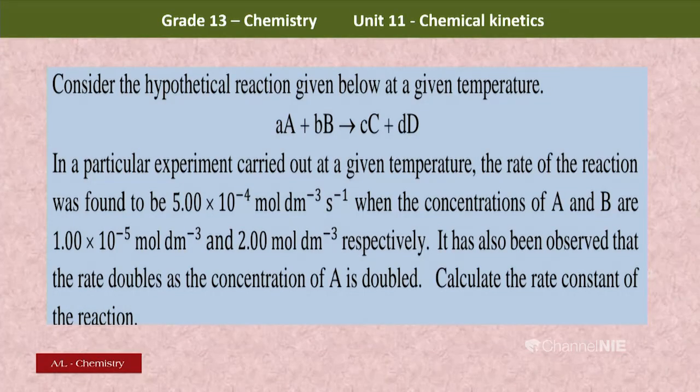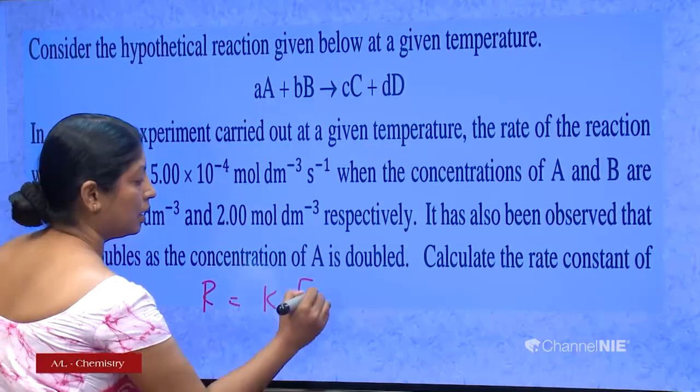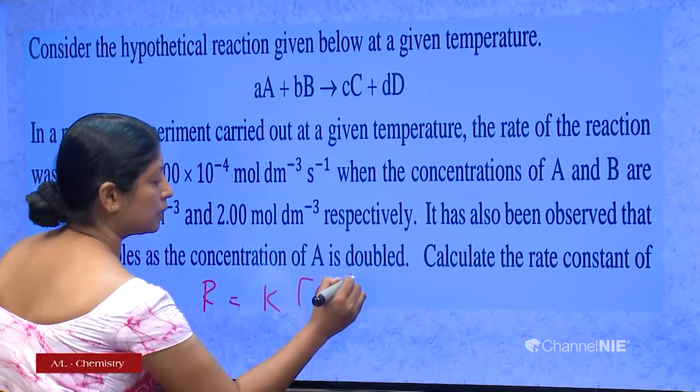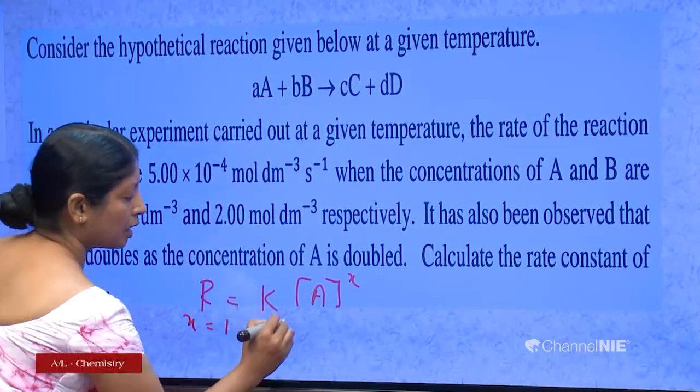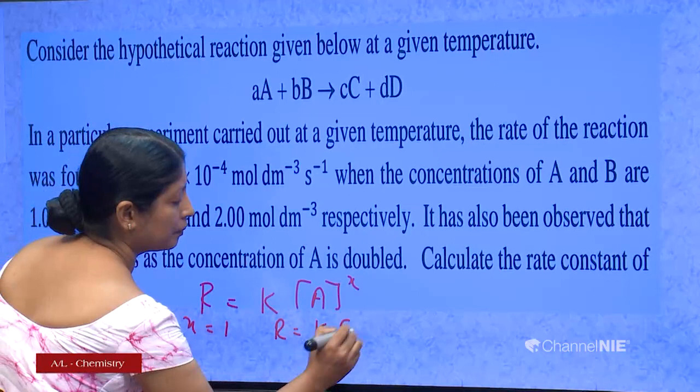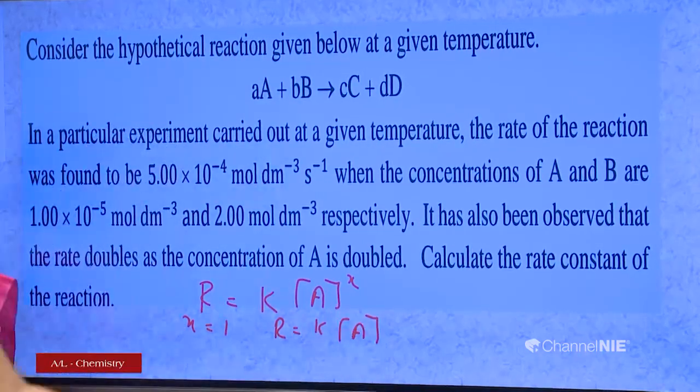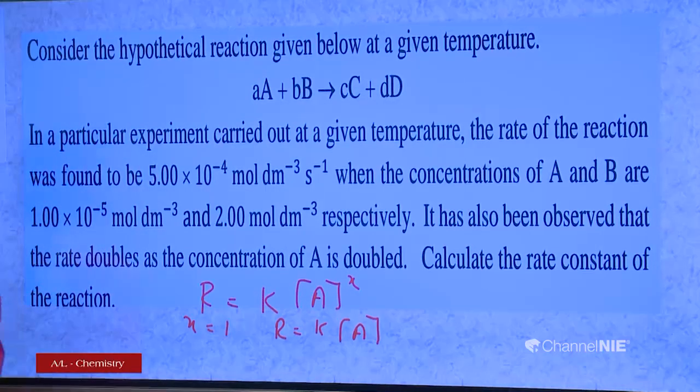Now, think about a situation. I will write the rate expression to make it clearer for you. R equals K A to a certain power x. If x is equal to 1, then we get R equals K A. So, when I increase the concentration of A by 2 times, the reaction rate increases by 2 times.